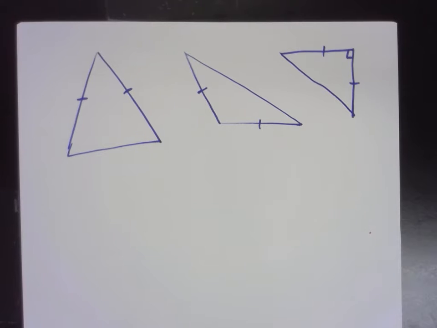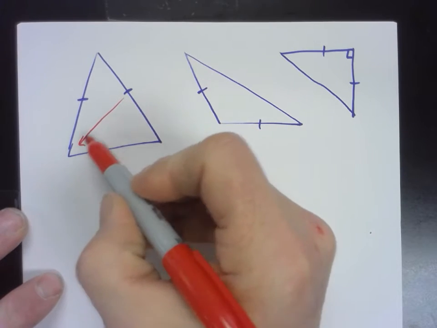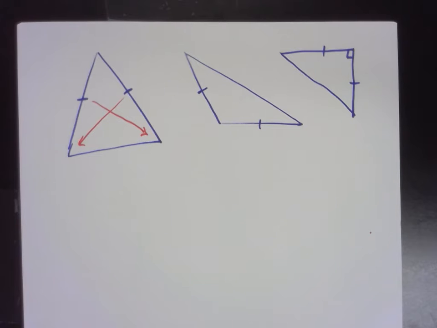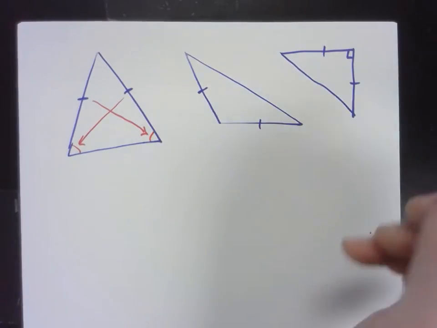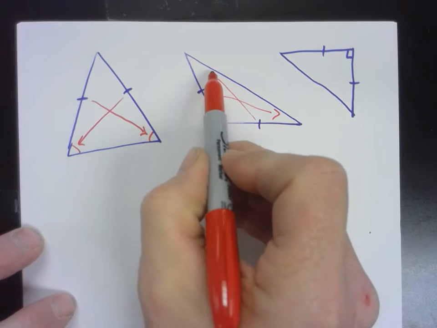Now, tell me, what do you think about the two angles opposite from the two sides that are congruent? They're equal to each other. Yeah, they're congruent. Look, we have two congruent sides. Look at the angles opposite from them.